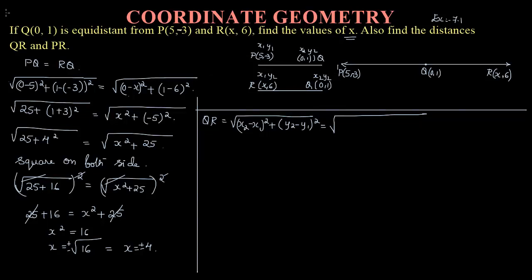I am talking about RQ, right? So this is RQ. Now you can observe the x value is once plus 4 and once minus 4. So first let us substitute plus 4 here, and 6 remains the same anyway, right? So let us substitute now. x2 is nothing but 0 minus 4 whole square plus y2, that is y minus 6 whole square, right?